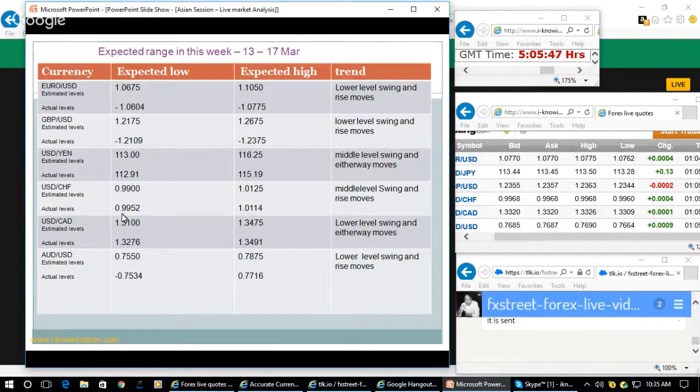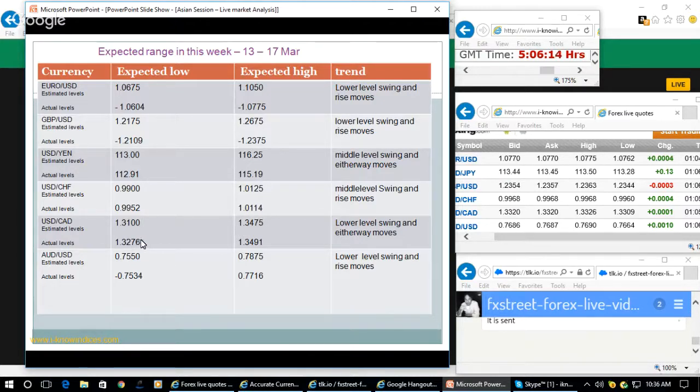In the case of CHF, they came down to 0.9952. The expected low was 0.99 and the expected high was 1.0125. They went up to 1.0114 and then came down. They are expected to breach the current low they set, go to the 0.99 area, and then start gaining again.